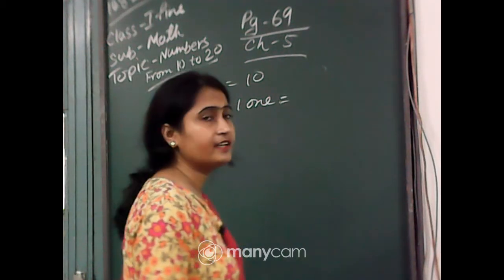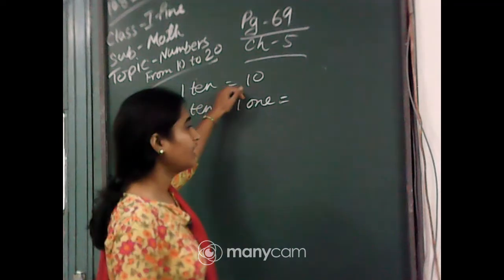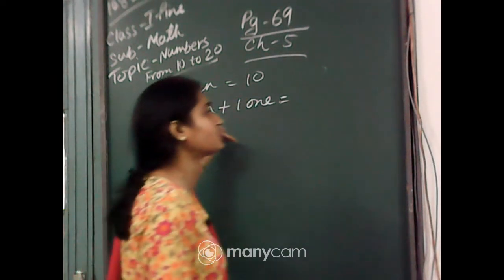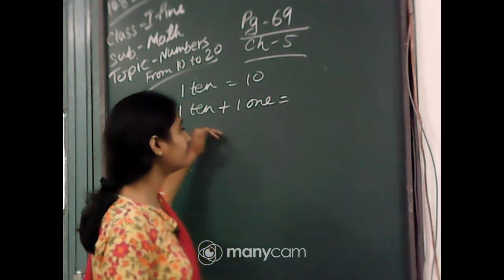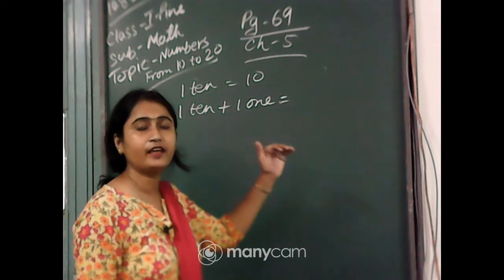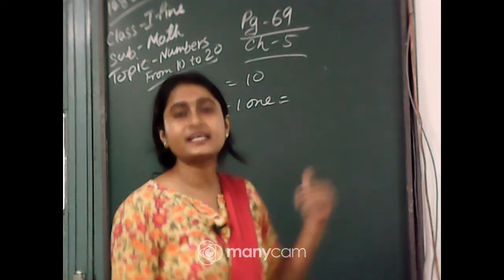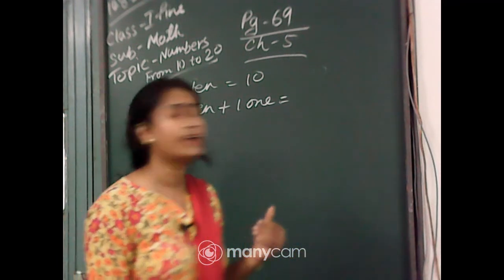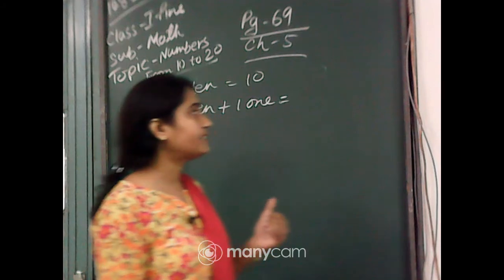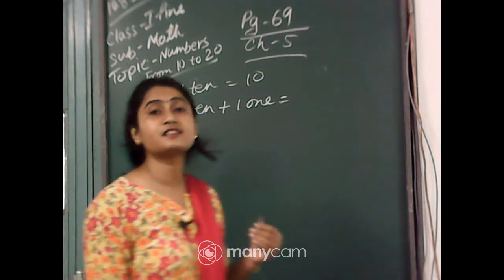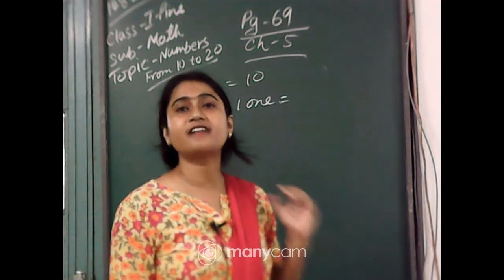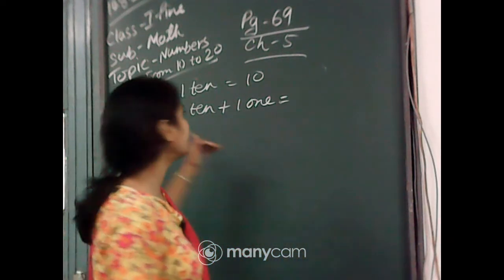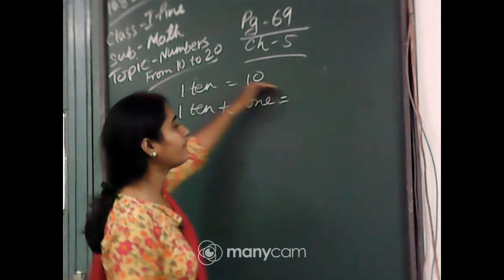1 ten means 10. I already discussed with you that 1 ten means 10, 2 tens means 20, 3 tens means 30, 4 tens means 40, 5 tens means 50, 6 tens means 60, 7 tens means 70, 8 tens means 80 and 9 tens means 90, 10 tens equal to 100. Now let's see 1 ten equal to 10.